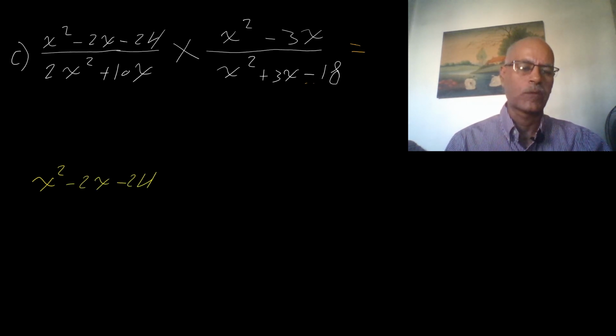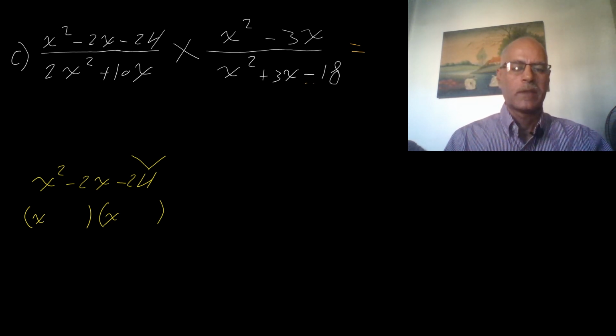Let's remember how to factorize. x squared will be x and x. Negative 24: I want two numbers whose product is 24 and the difference between them is 2. Why is the difference 2?